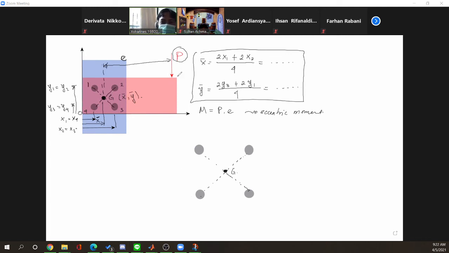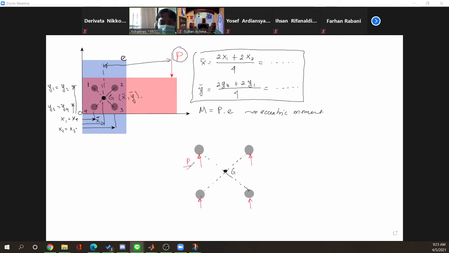Okay, so each rivet will hold the plate in order to not go down. So it will hold the plate in this direction to resist or to keep the external load in zero.